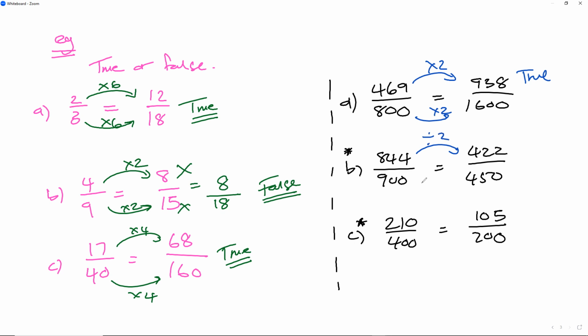The next one we're dividing by 2, so it's still true. It's just the opposite way around. The smaller fraction is on the right hand side, and the bigger fraction is on the left hand side. And then 210 over 400 is equal to 105 over 200, divided by 2 by the looks of it, as well, because 105 times 2 is going backwards. So this will also be true.